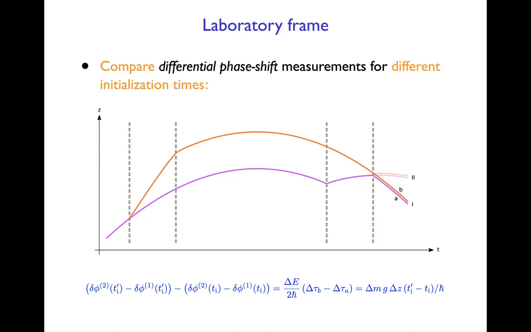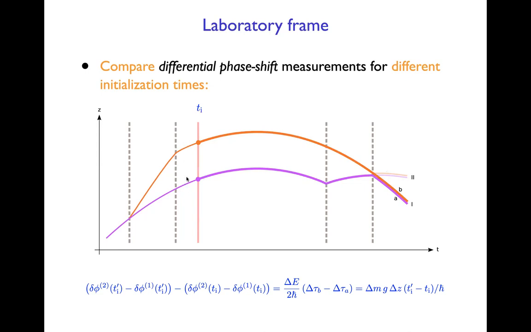However, if we don't initialize the clock initially, we just have it in the ground state, we apply the first two sets of laser pulses, diffraction gratings, that generate the superposition of spatially separated wave packets, separated by some height difference here.